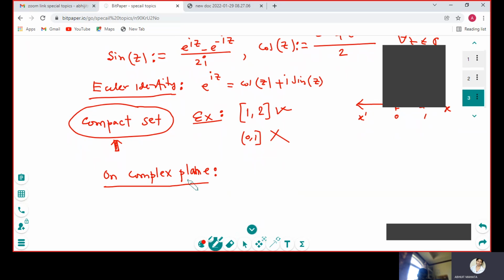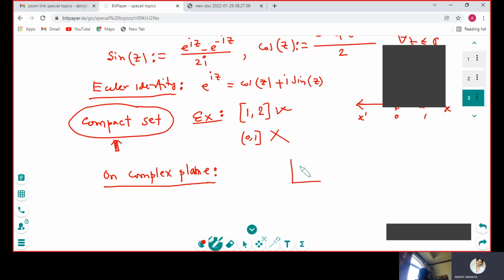Normally, where we can measure the distance between two points, we can define the concept of compact set. First we define open set, and using open sets we can define compact sets. The definitions are different, but we are trying to understand by taking examples.